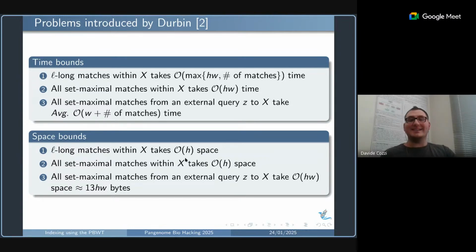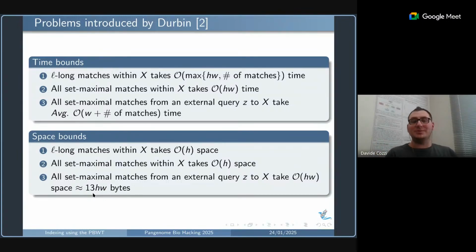On the other hand, if we want to compare an external haplotype, in this case, we need to store a lot of additional arrays that take a lot of memory. We are talking about something that is linear in the size of the matrix, but in reality, this is linear, okay, but a lot of bytes.